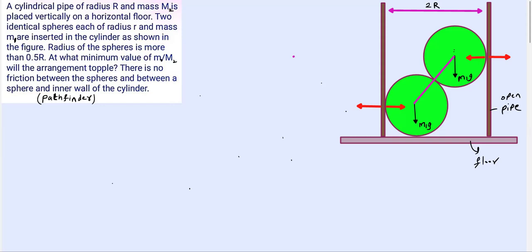Then let the normal contact on the lower sphere be N2, and N1 on the upper one. Now what is this N2? The second sphere will exert force N2 on the pipe. In turn, the pipe will exert force on the sphere.